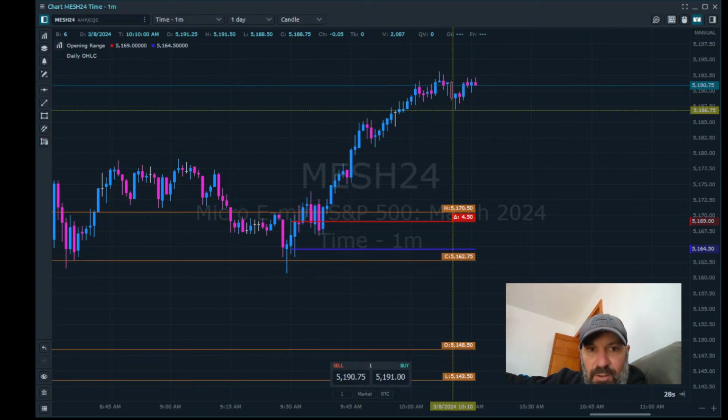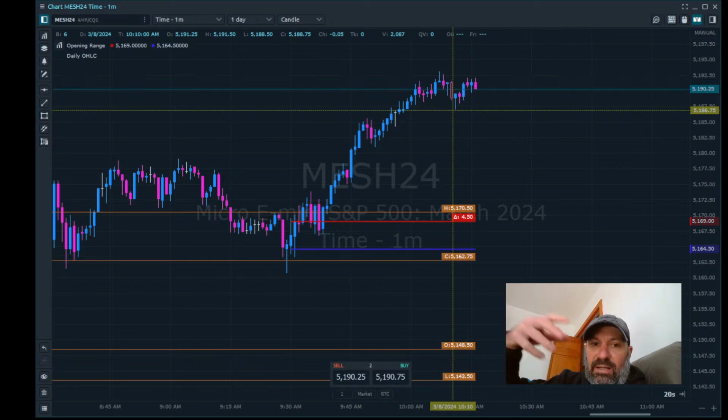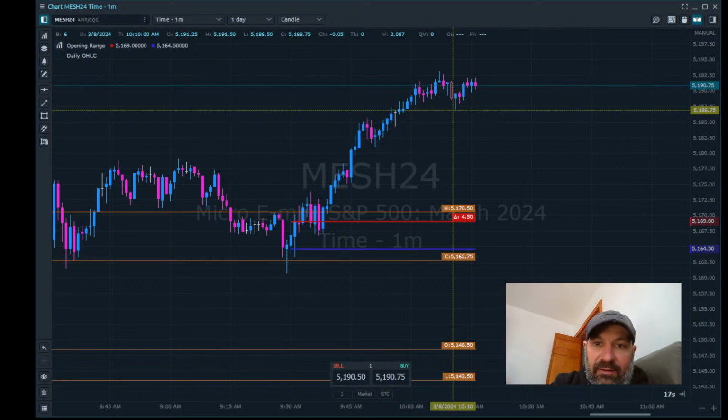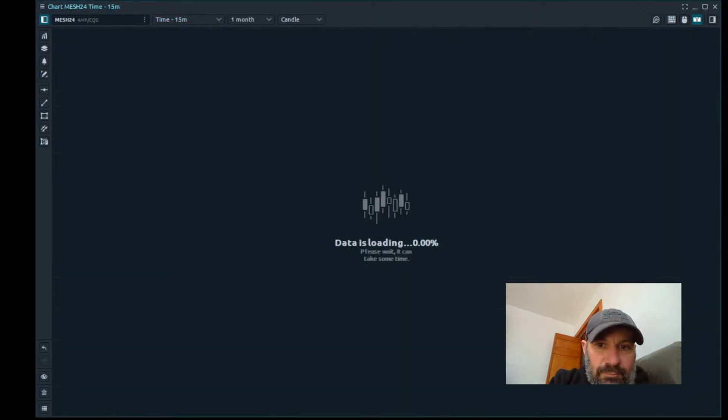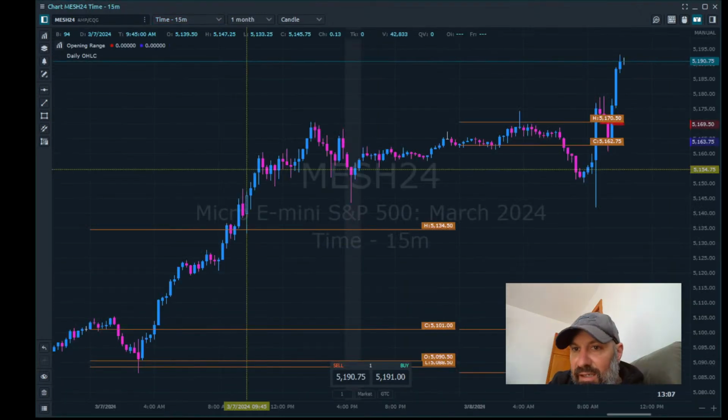And that's why looking at different time frames helps when you're going from a 1-minute to like a 15 and you're looking at that higher time frame. So I think this candle is probably going to turn red.